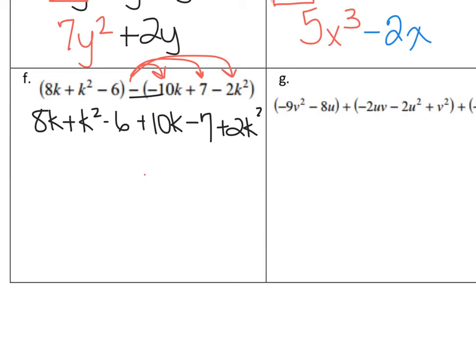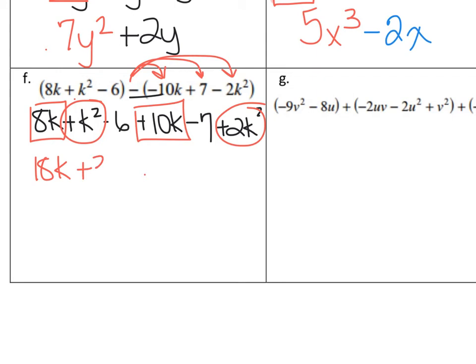Back to combining like terms. I have 8k plus 10k. That gives me 18k. Then I have a k squared plus 2k squared.